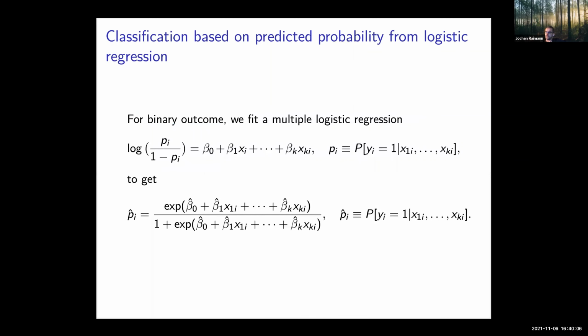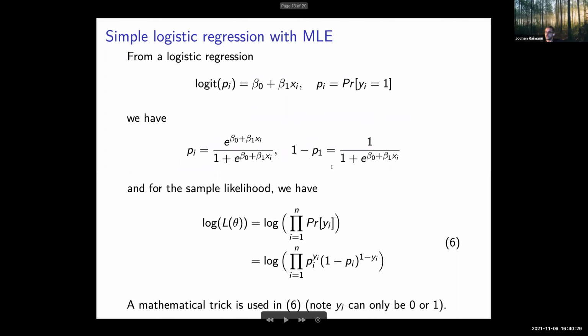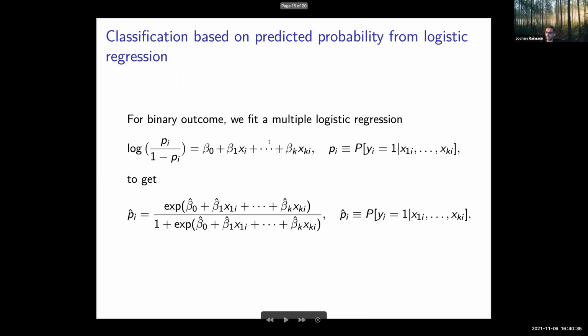So if we're fitting now a binary outcome for multiple logistic regression, for the log odds we are essentially getting here the p hat i as the very same odds in the same fashion as we have seen it spelled out here, just with additional covariates.